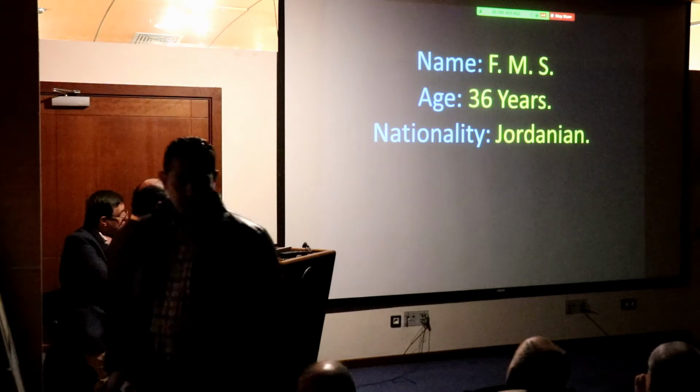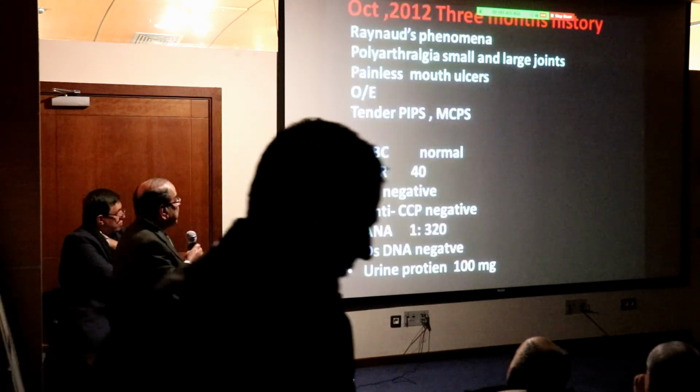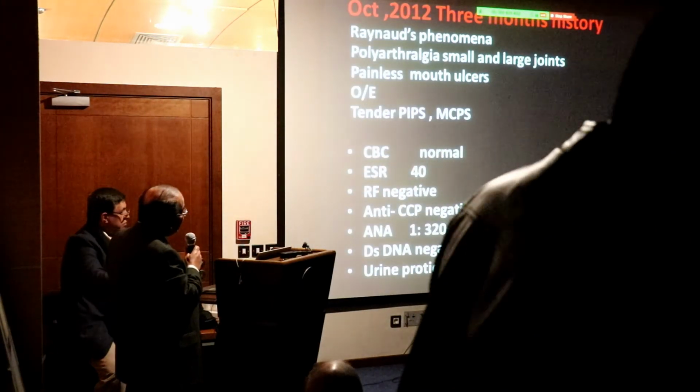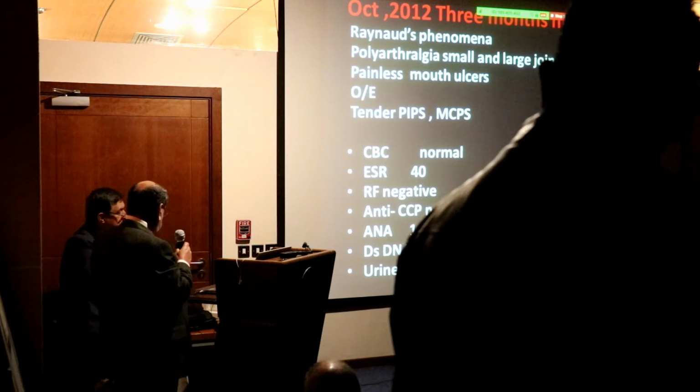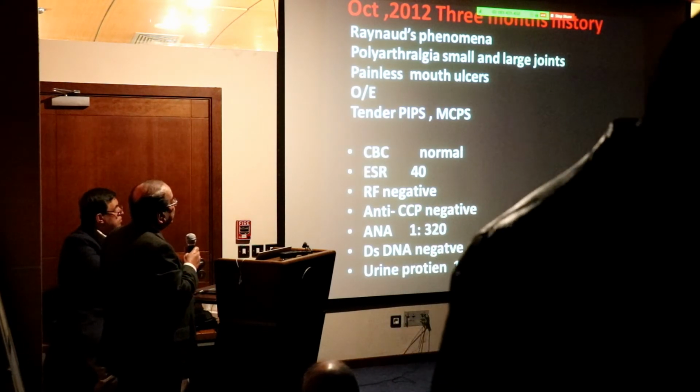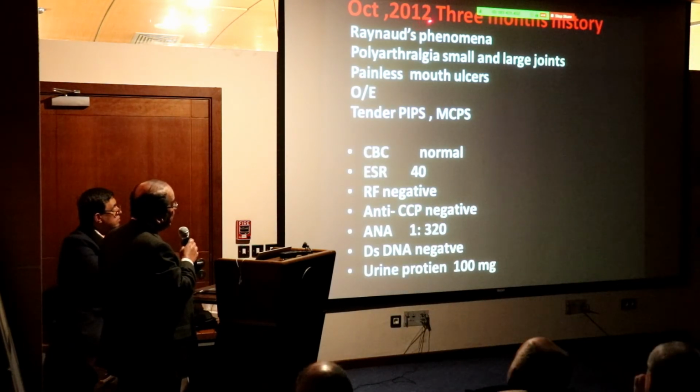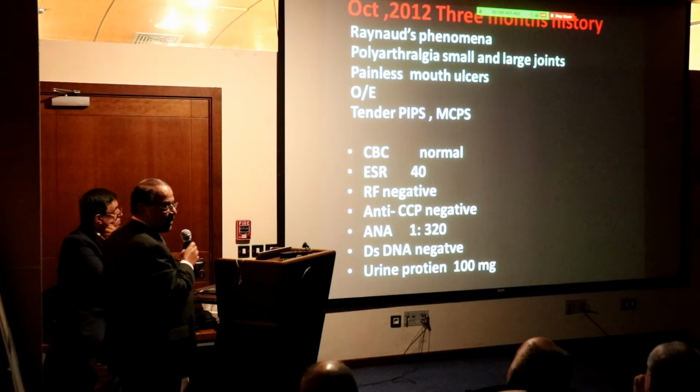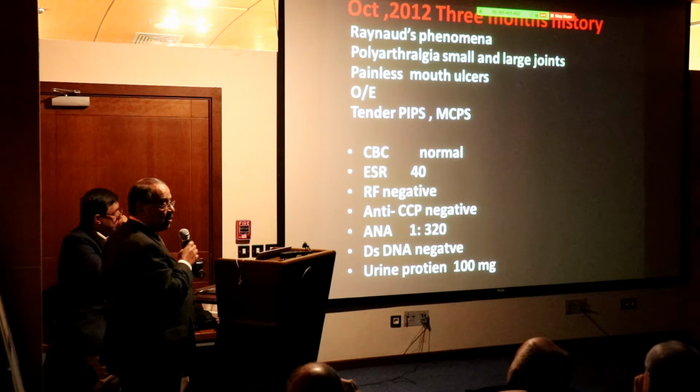She's a 36-year-old Jordanian. She presented to me back in 2012 with a 3-month history of Raynaud's phenomena. As we mentioned, Raynaud is present in 90% of these patients. Polyarthralgia of small and large joints, painless mouth ulcers, and the examination showed tender proximal interphalangeal joints and metacarpophalangeal joints.